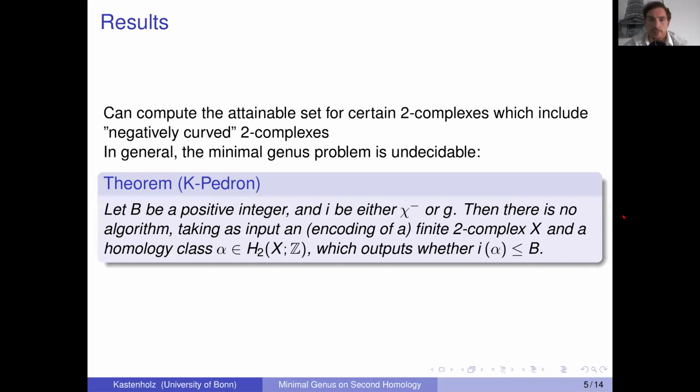So there cannot be an algorithm that decides whether the genus or chi minus is bounded by a certain B. In the second half of the talk, I will give an idea of the first part, how this actually works, and I will give, I think, almost a complete proof of the second half. But before that, let me talk a bit about the attainable set first, because the attainable set is quite interesting, and I think it deserves a little bit of focus right now.